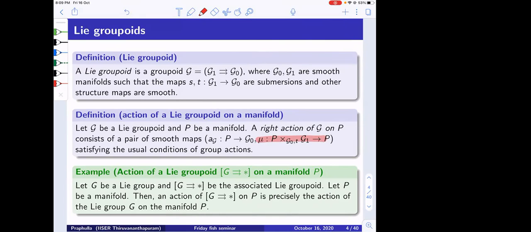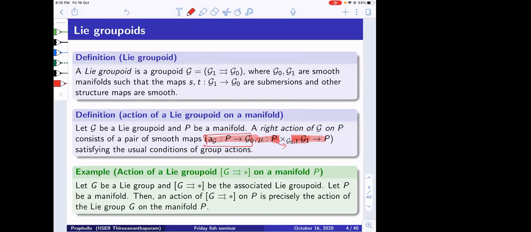But here we are taking not the full product but the relative product, that comes with a map a_P from P to G0, and the action map is not from P cross G1 but from the pullback P cross over G0 of G1 to P.